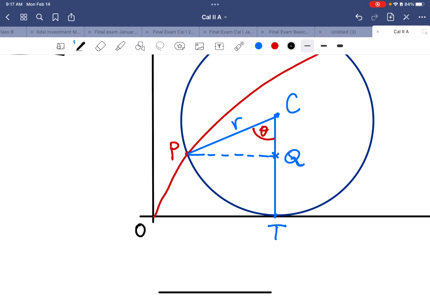So if we take this P, we can have some relative distance. Let's just take it as y and x. So we want to know x and y.